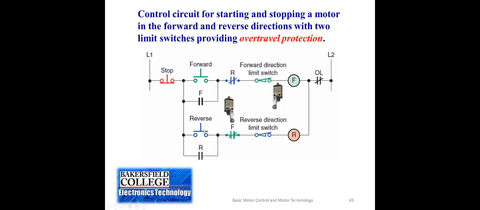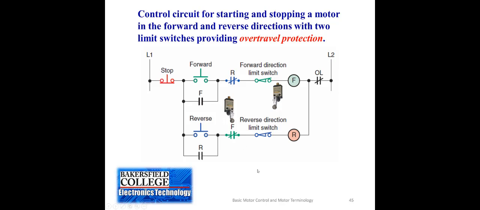You can push the reverse button all you want, but it will still run in the forward direction until the limit has been reached. And vice versa. You're operating it in reverse, but this normally closed reverse contact will open, and you can press the forward button all you want, but when it's operating in the reverse direction, the motor will not go forward.